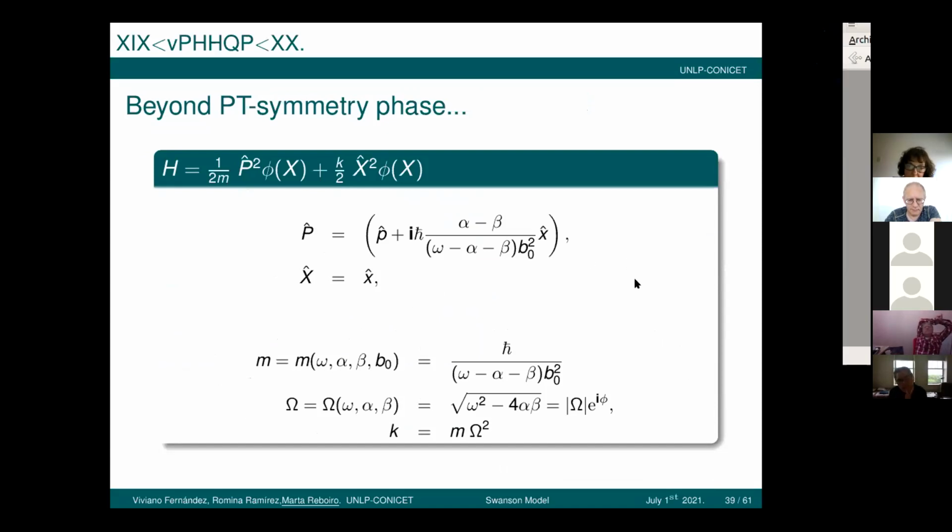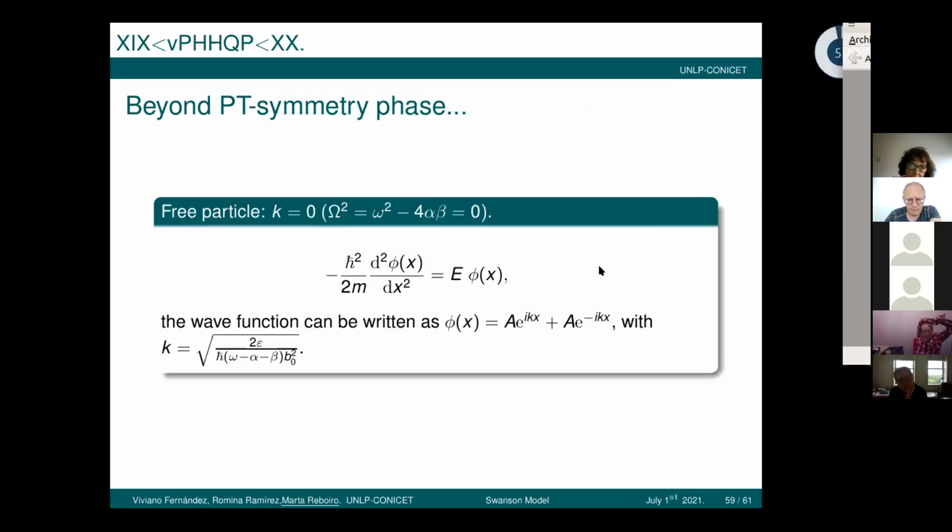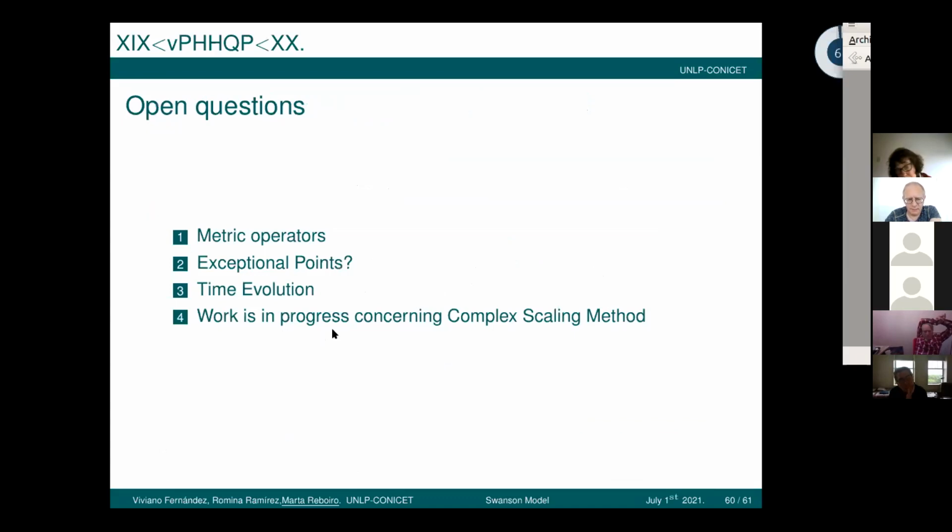Well, what we have been doing in parallel is to work with a complex scaling method on this Hamiltonian, and we have some preliminary results.